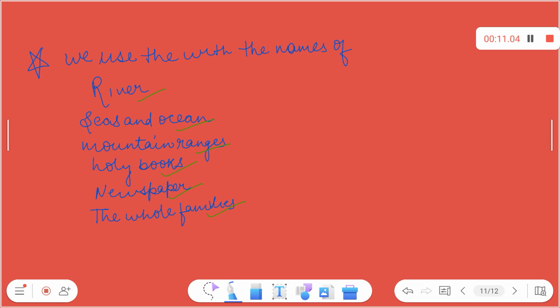For mountain ranges, the Aravallis, the Vindhyas. For holy books, the Gita, the Quran, the Bible. For newspapers, the Hindu, the Telegraph. And whenever we talk about a whole family, like the Khans, the Gandhis, we use "the" there.